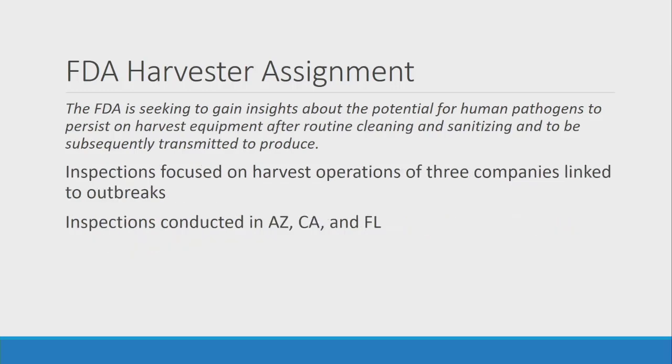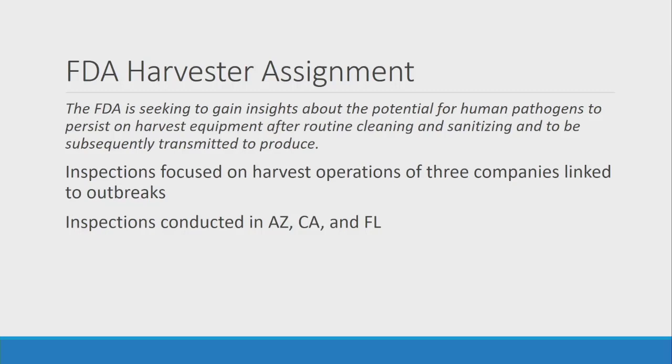The way that they decided to construct this was they took 3 companies that had previously been associated with leafy green outbreaks. So I'm not going to name them for you, but certainly the company I talked about before was one, and some of our larger companies or others.